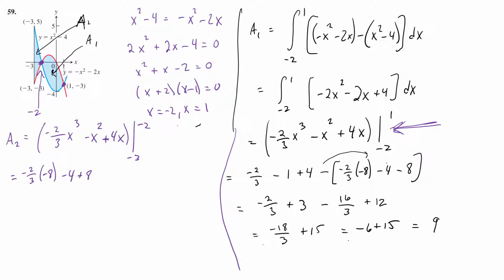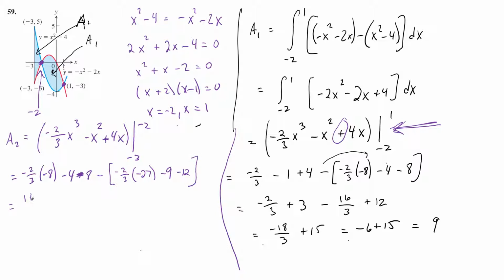Looks like I just copied it wrong. I see a plus sign there, so I fixed that. And when I put negative 2 in, this should be a minus 8 right here. And then now we subtract, and if I plug negative 3 in, I'll get negative 2/3 times negative 3 cubed, that's negative 27, minus 9 minus the 12.